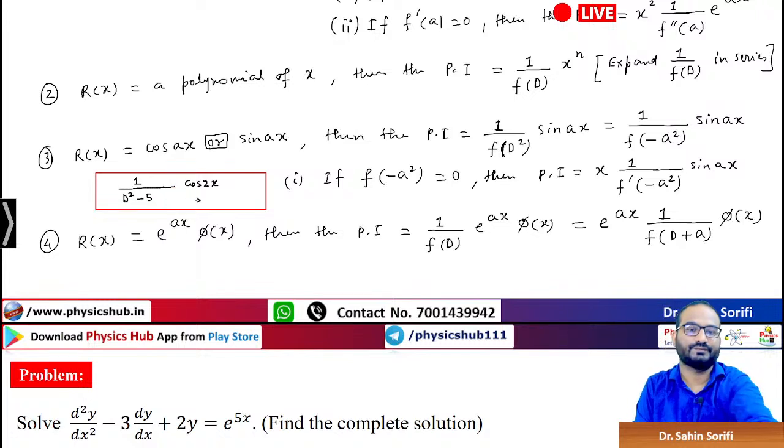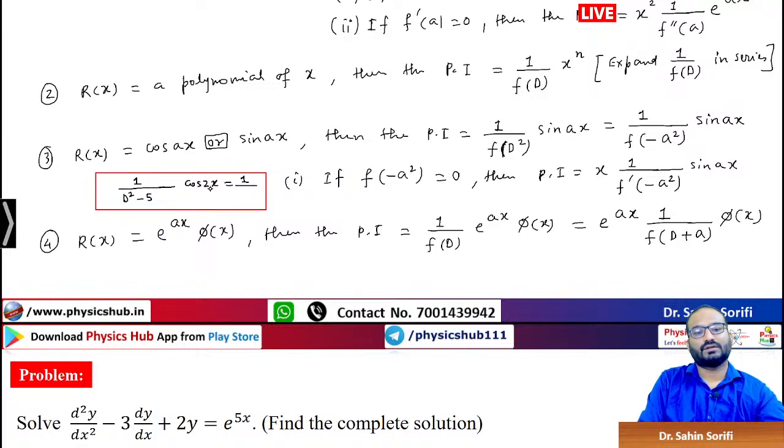So what you are going to do, 1 upon, in place of D square you will write minus 2 square minus 5, times cos 2x. Okay, clear? We will be solving problems based on this, don't worry.